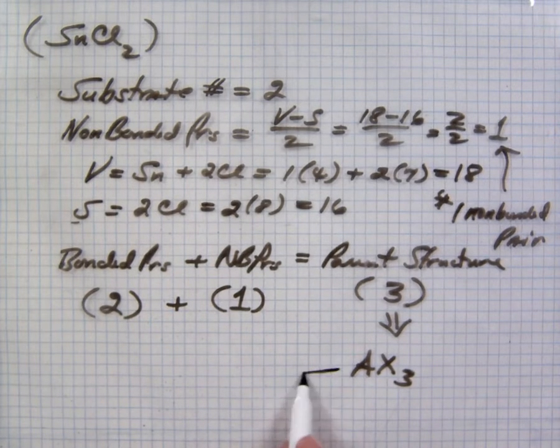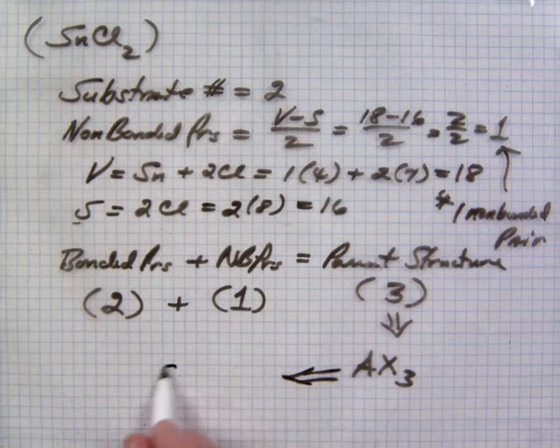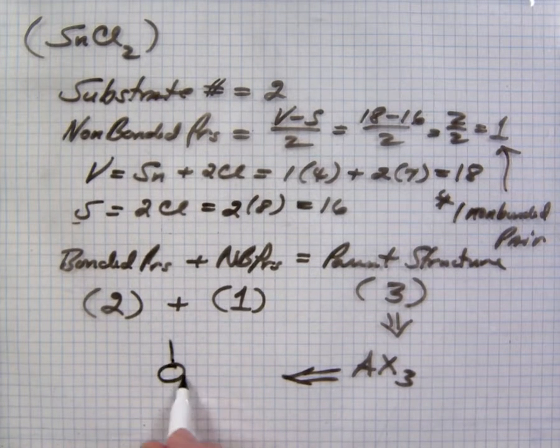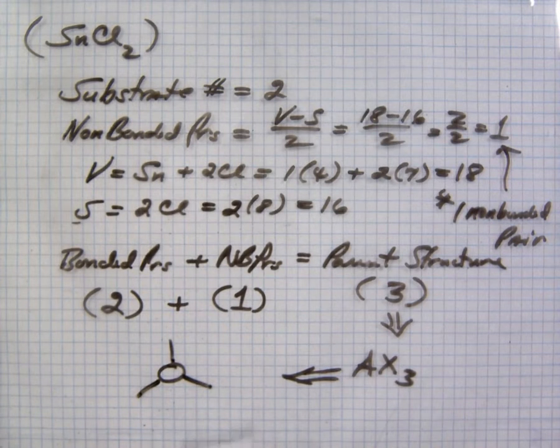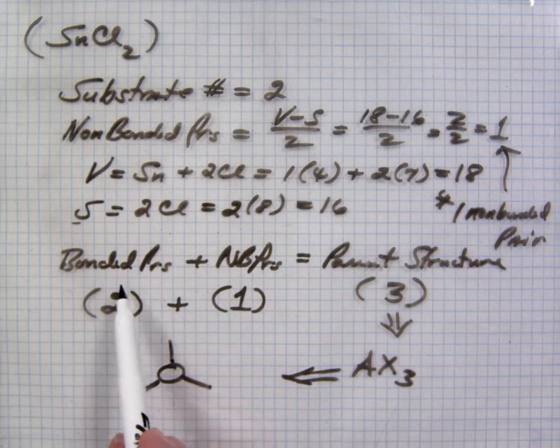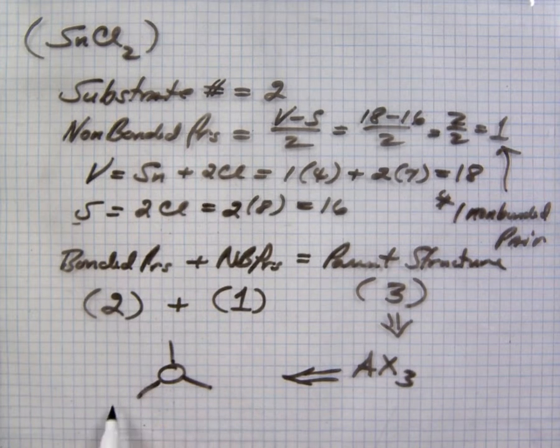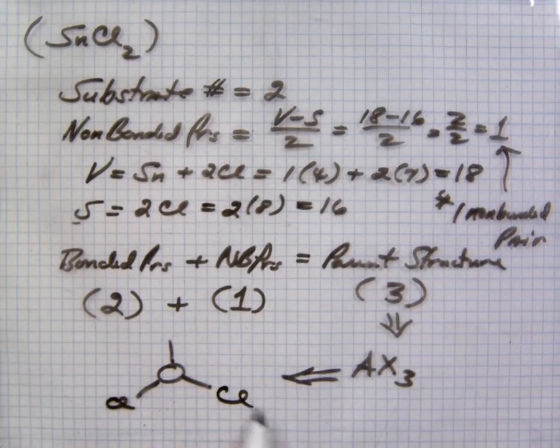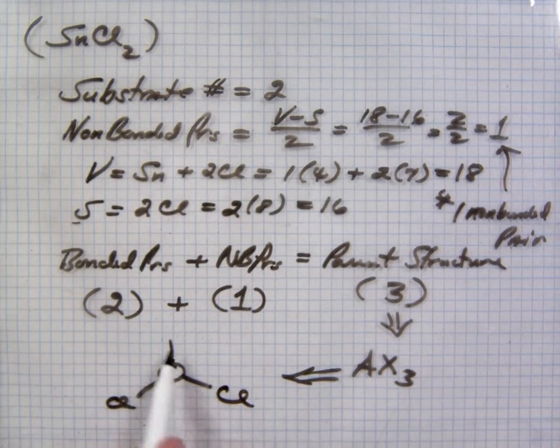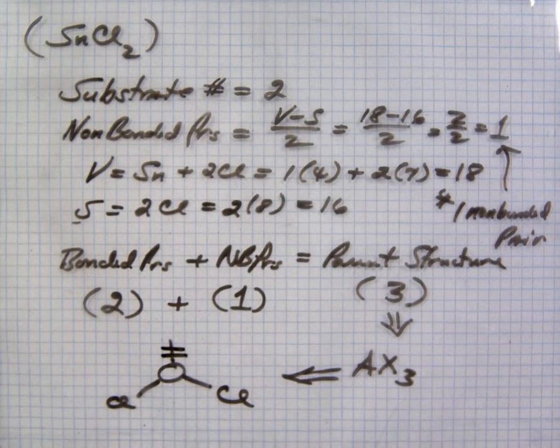When I draw the trigonal planar structure, I have a central element and three bars 120 degrees apart. However, what kind of attachments do I have? I only have 2 things bonded, a chlorine here and a chlorine over here. But what do I do here? That bond is a non-bonded pair. That's where you put that extra non-bonded pair.